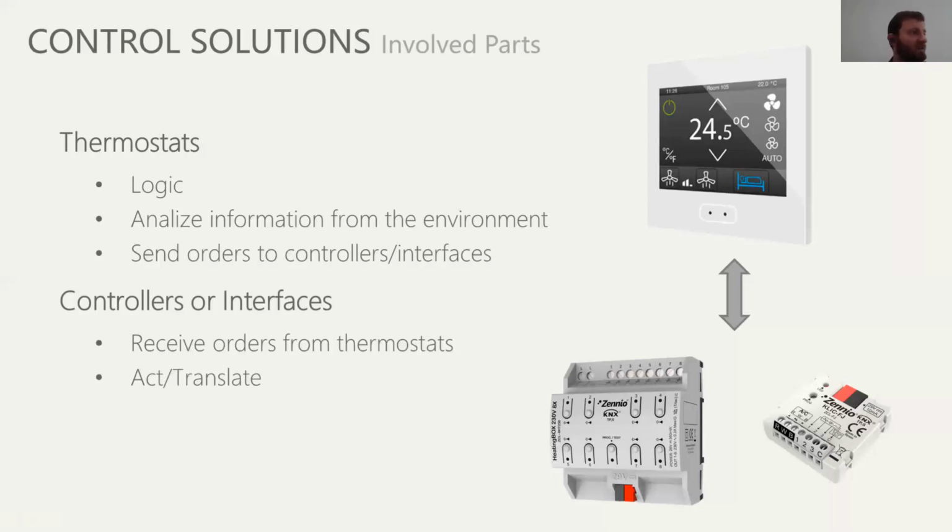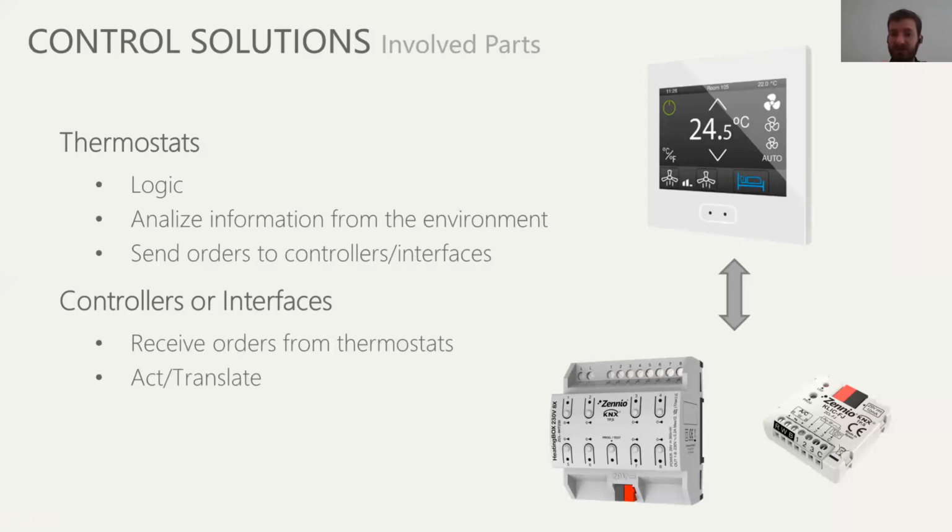The controller or the interface is the device actually doing this. The thermostat is just sending to the controller, open to 80%, and the controller produces the change, whether that's a relay, an electronic relay, whatever that is, and goes to that 80%.